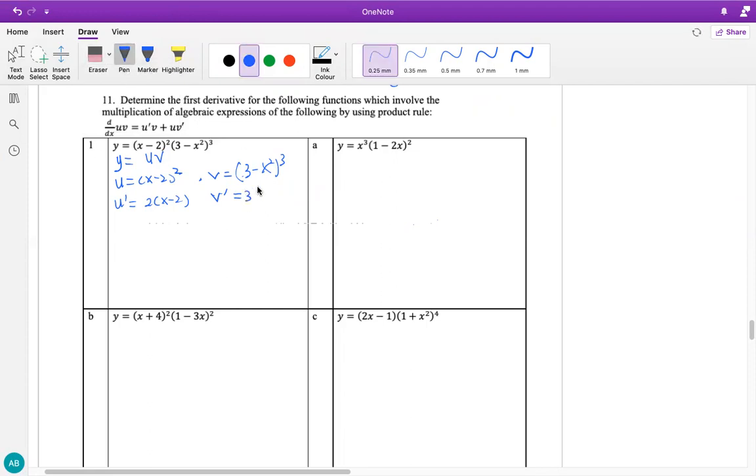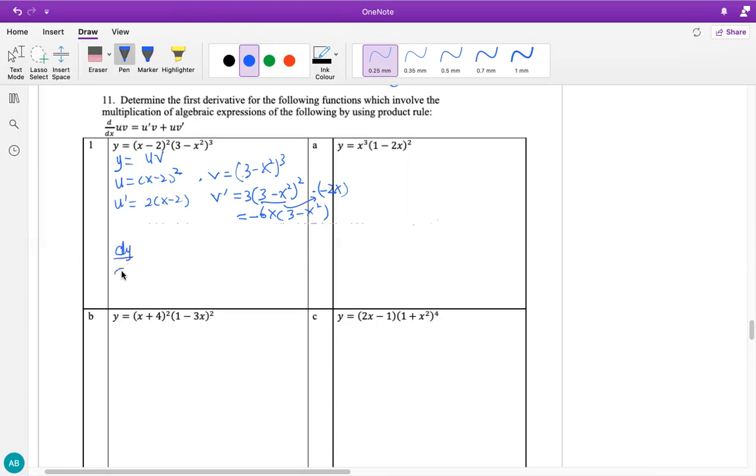So you get 3 again, 3 minus x squared over 2. Then you multiply negative 2x. When you differentiate this part, you get 0 minus 2x. So you get minus 6x times 3 minus x squared. So everything put inside the formula.